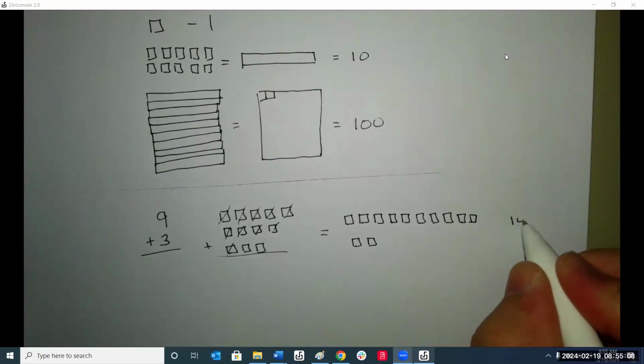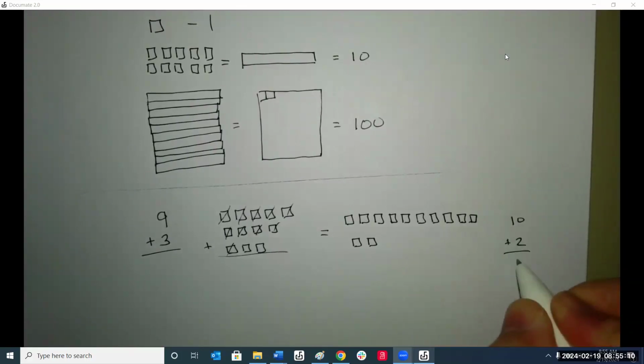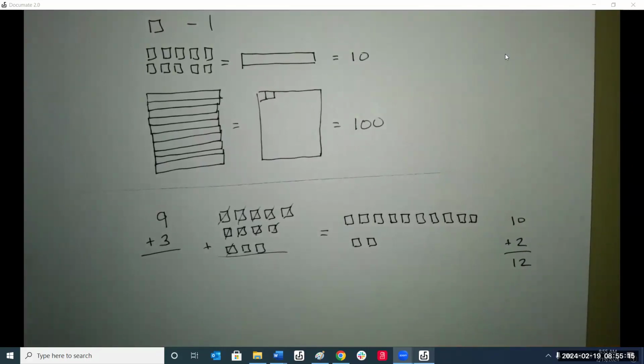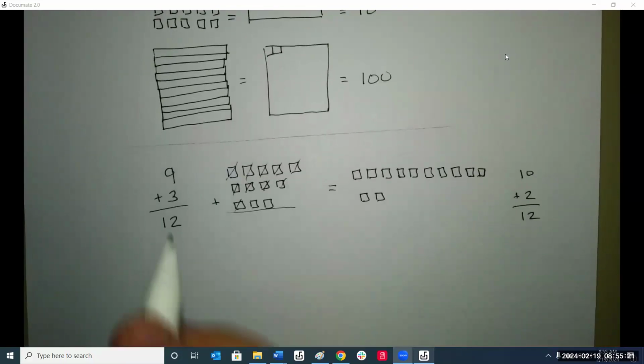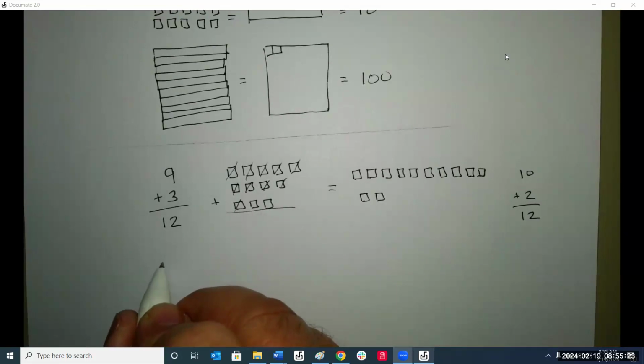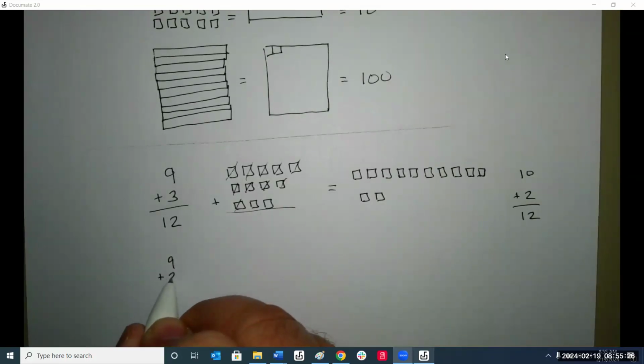So what you have here is a 10 block plus 2 is 12. So 9 plus 3 is 12. We'll teach that to them as 9 plus 3 is 12.